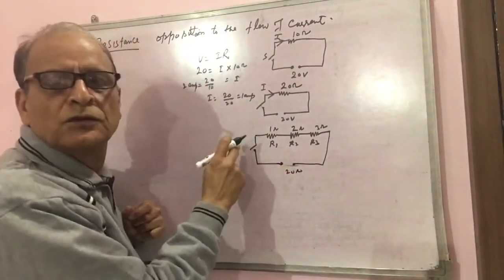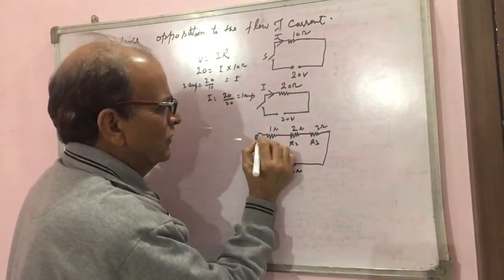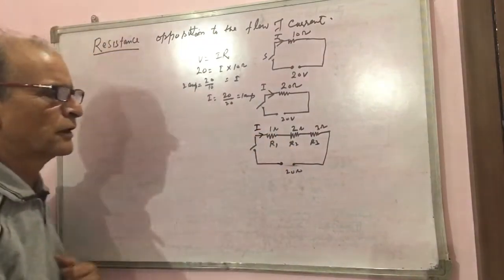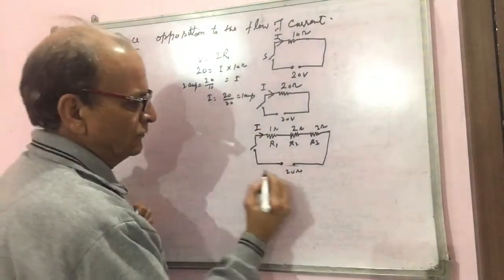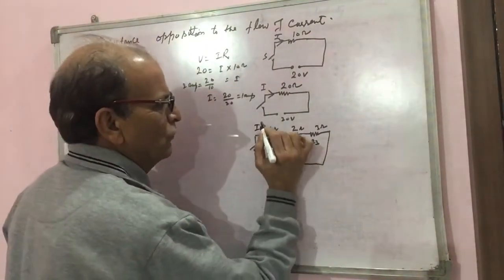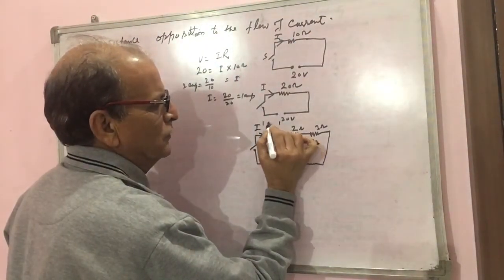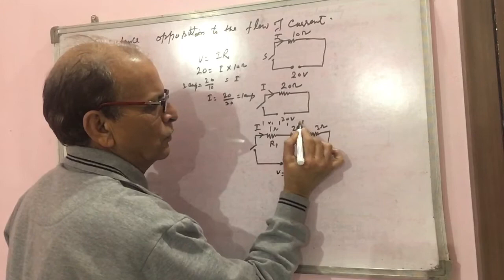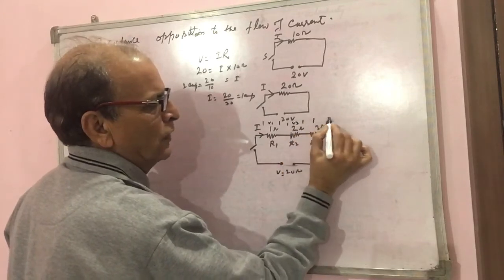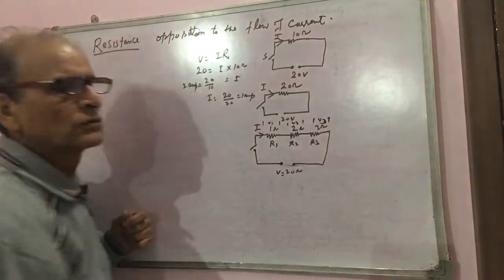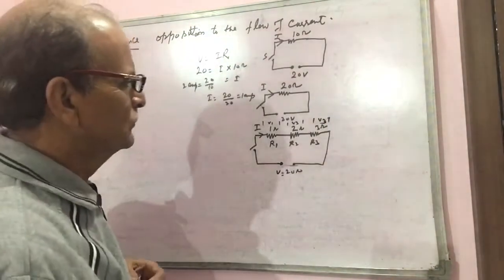When we close this switch, a current I will flow through the series circuit. The voltage drop across R1 is V1, across R2 is V2, and across R3 is V3.